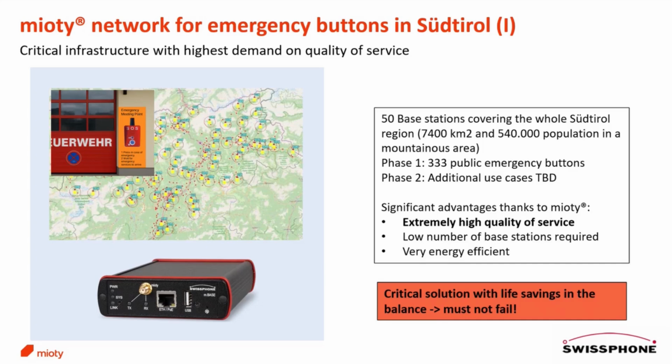And this is a case that is being rolled out as I speak here in Südtirol, where the local authorities have decided to set up a critical infrastructure network covering 7,400 square kilometers to allow the population to have alarm buttons if something happens, so they can press these buttons. The signal must come through because it could be a life-saving situation. So here is a very clear use case of the robustness of mioty.